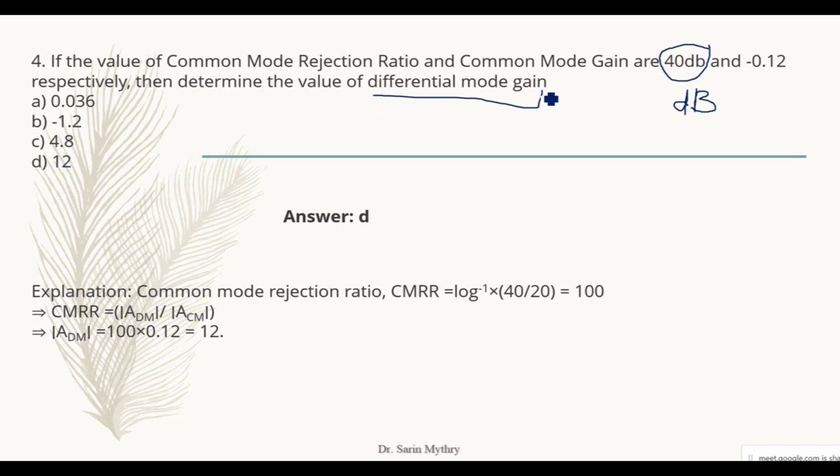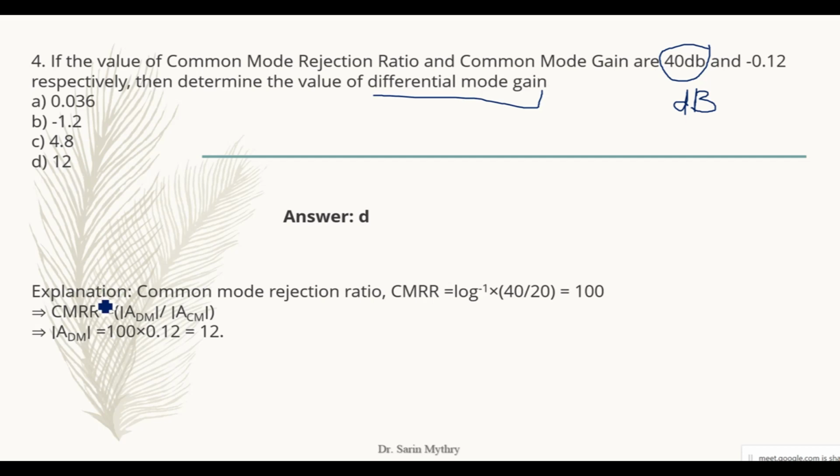In the previous lecture, we have seen that CMRR is a relationship between the common mode gain and the differential gain. Now the options given to us are 0.036, minus 1.2, 4.8, and 12.